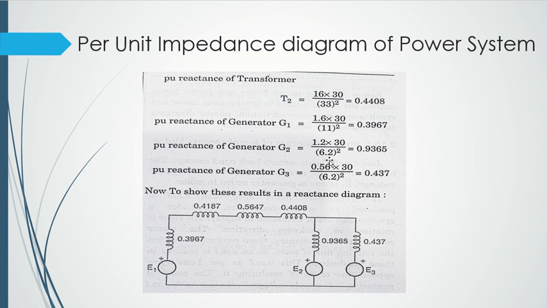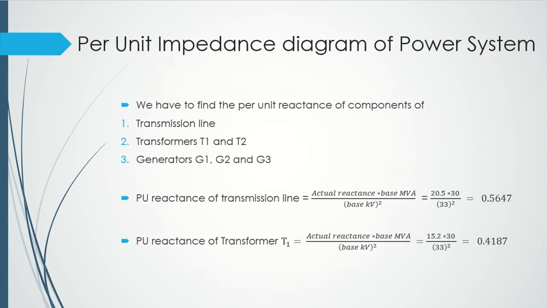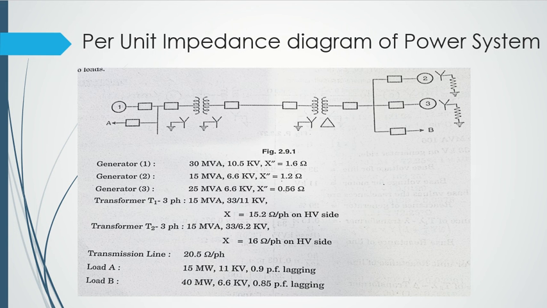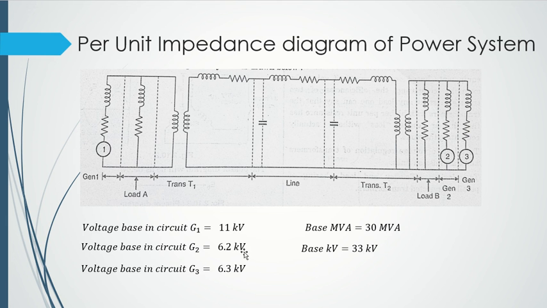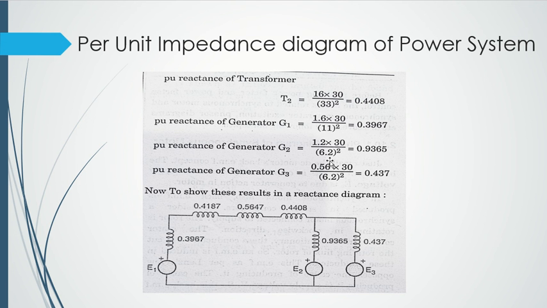Then again the square of base kV. In the case of G2, what did we take as a base? We took 6.2 kV. So we will put the square of 6.2 over here, and the value we get as the output is 0.9365. So the per unit reactance of generator G2 is 0.9365.